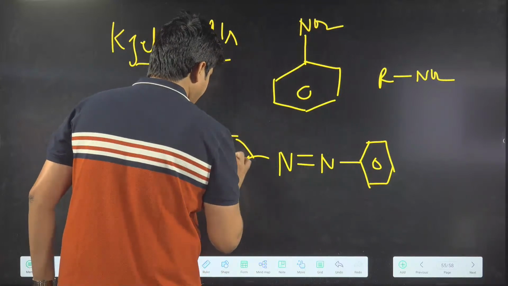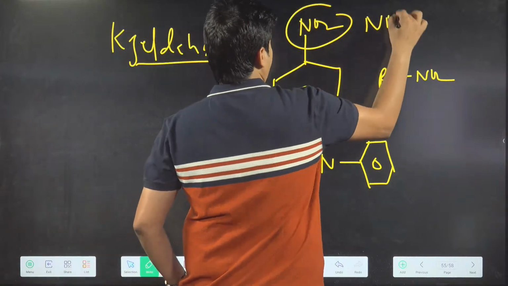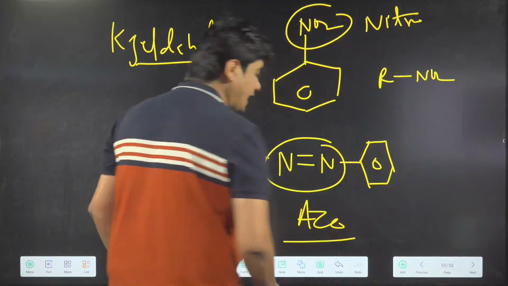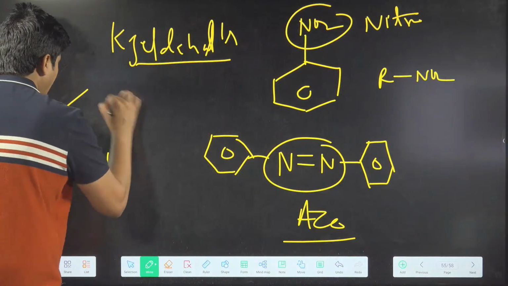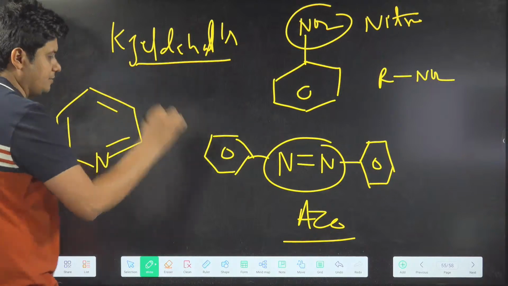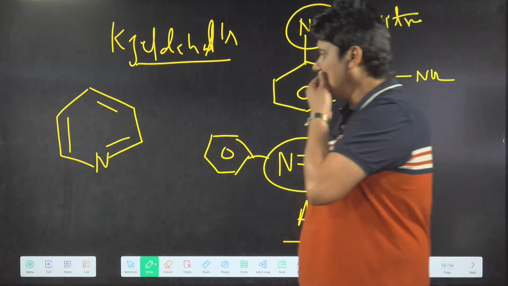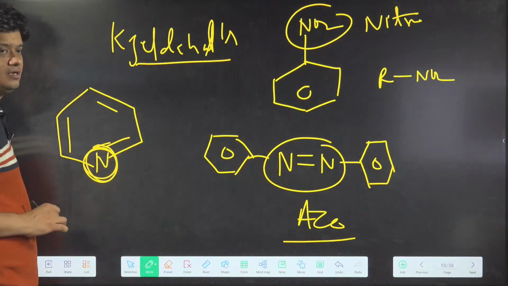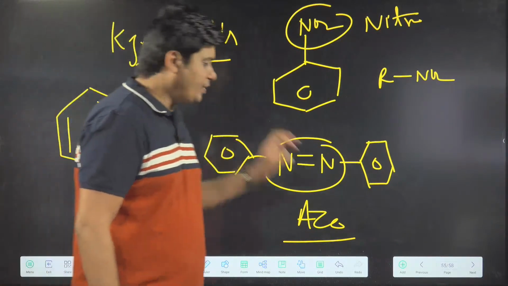It is not possible for azo compounds, those having a nitrogen-nitrogen double bond, and it is not possible for those molecules in which nitrogen is part of the ring. This is very important: nitrogen is part of the ring.